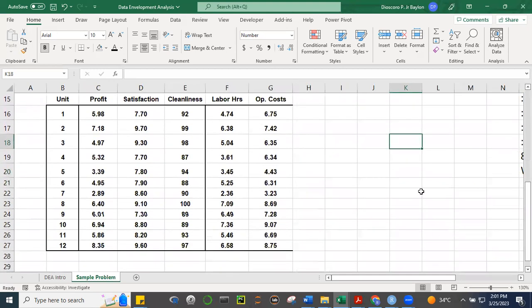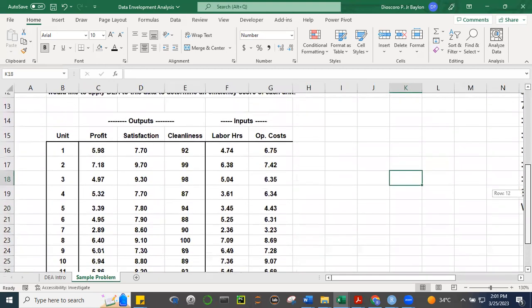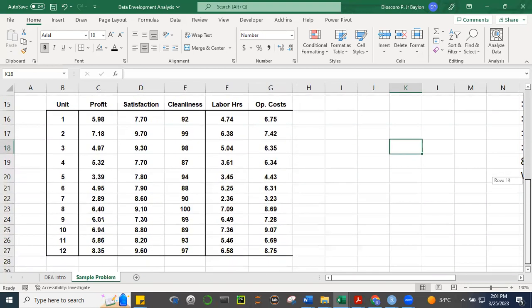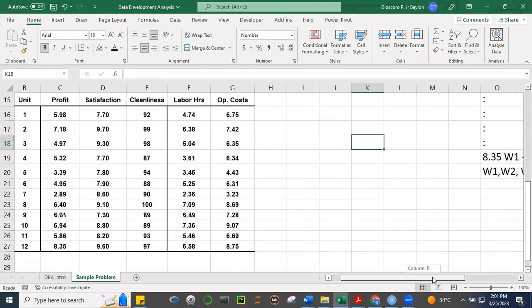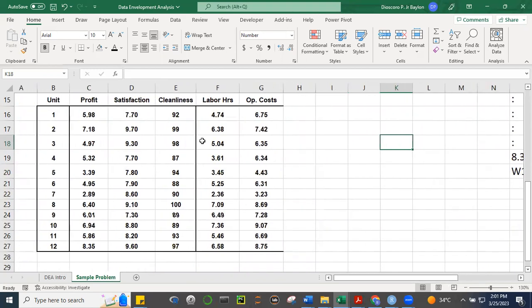Let's now solve this. Any suggestion where to put our decision variables? Why don't we do this again? We'll break ourselves into groups.